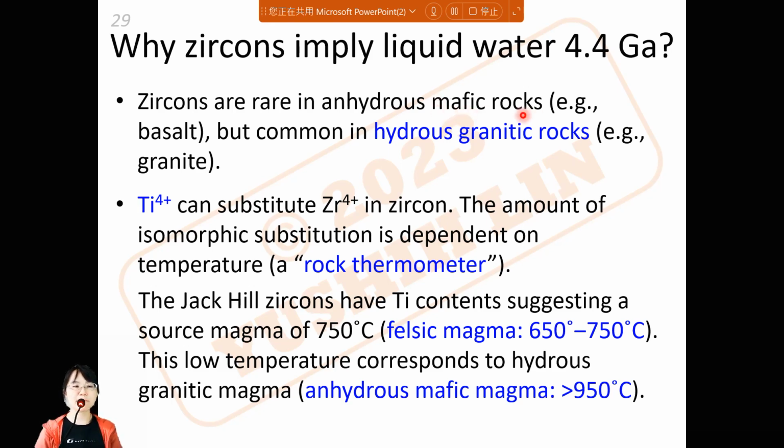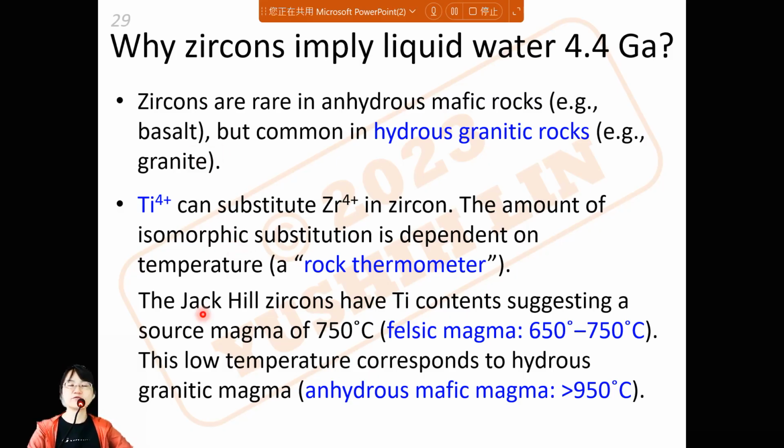When we talk about mafic rock, it usually refers to basalt. And basalt is anhydrous. It means it has very low water content. But zircons are common in hydrous granitic rocks. That means granite.